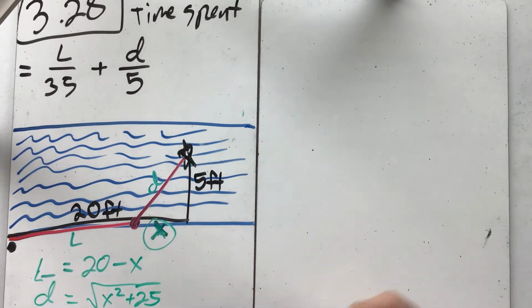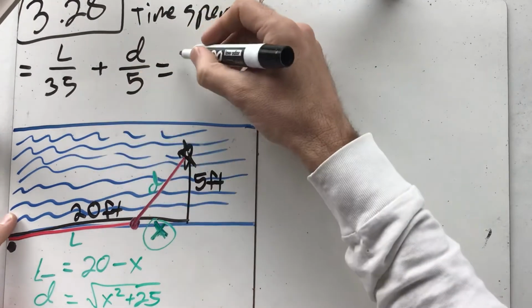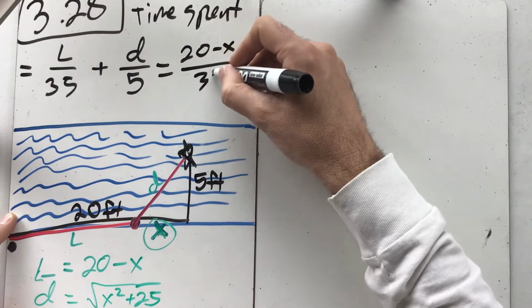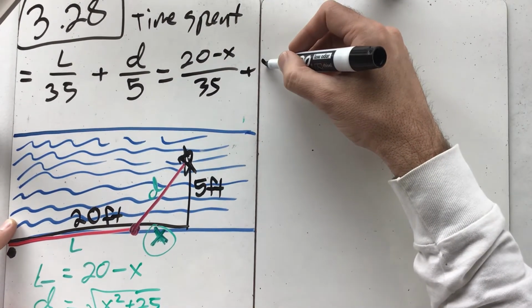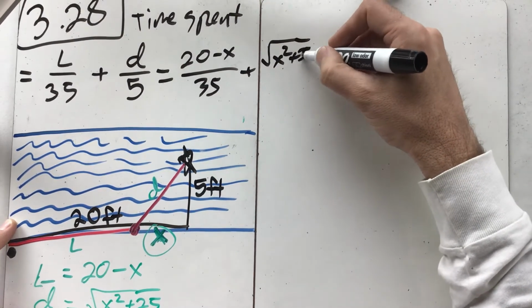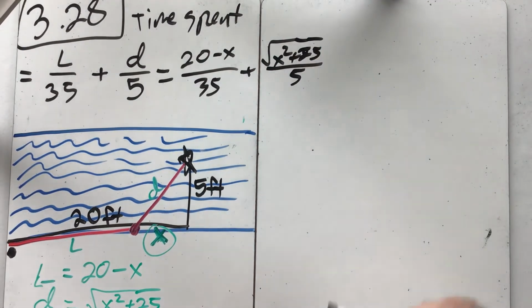So d is a little bit challenging, but we can make this happen. Okay, so what is this problem? So this problem turns out to be (20 minus x) over 35 plus the square root of x squared plus 25, all divided by 5. Okay, so this is our time spent equation right here.